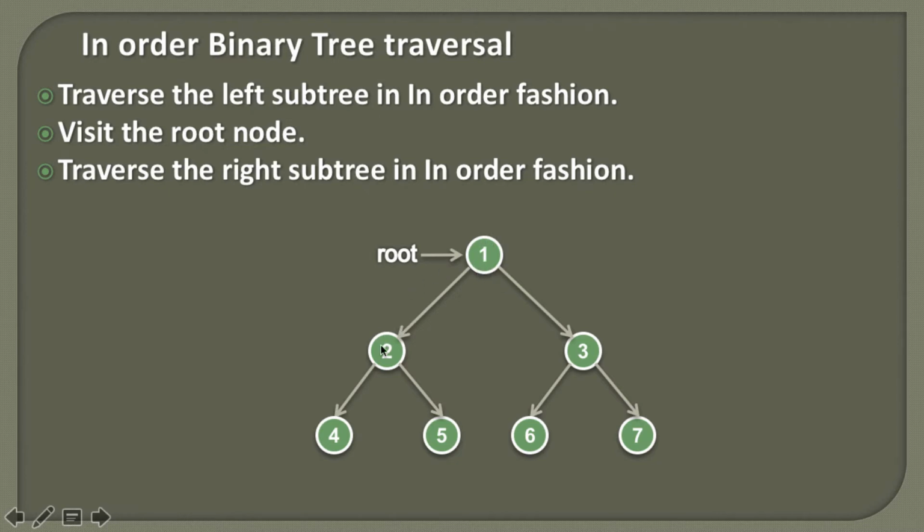As we go to its left subtree we encounter the node 2. When we encounter the node 2, we apply these 3 steps over the node 2, and before processing the node 2 we first traverse its left subtree, then we process the node, and then we go to its right subtree. So before processing the node 2 we go to its left subtree first.